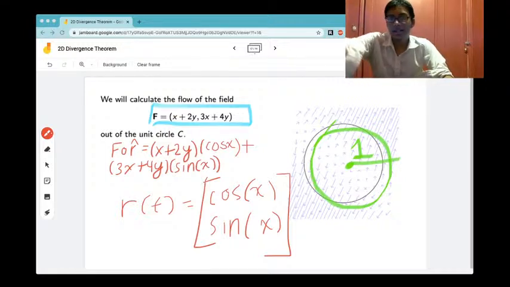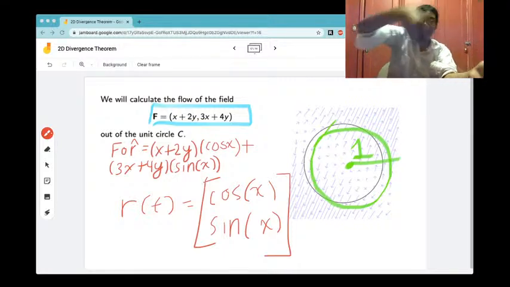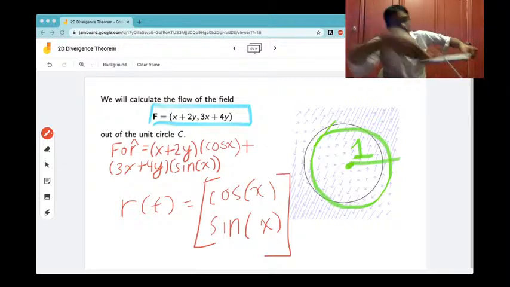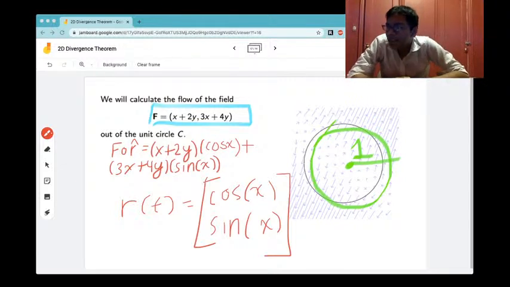So let's go ahead and take a look how we can calculate the flow out of this field. But first and foremost, let's make sure all of our electronics are in line. So how are we going to calculate the flow out of this field? Let's get some suggestions from the audience. The audience is telling me to parameterize my circle, which I've already done, as cosine of x and sine of x, or cosine of t, sine of t.